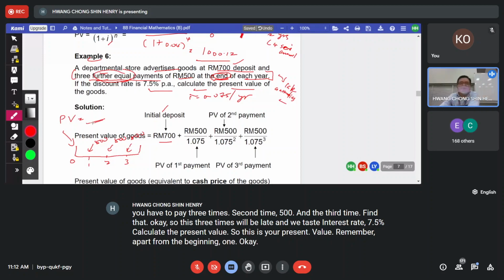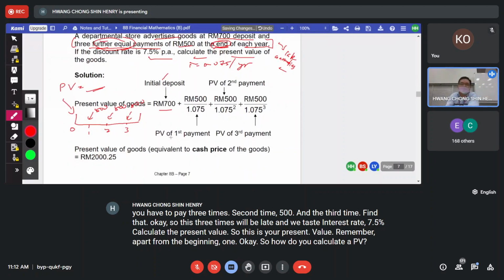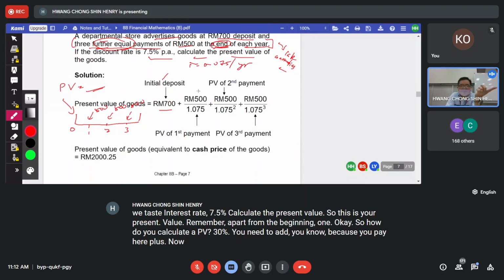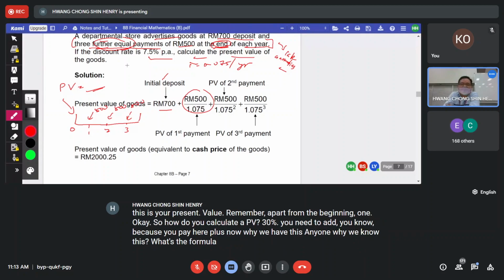Okay, so how do you calculate your PV? Your deposit, you need to add in because you pay already, plus now. Why do we have this? What's the formula for P? S divided by 1 plus I power of n.